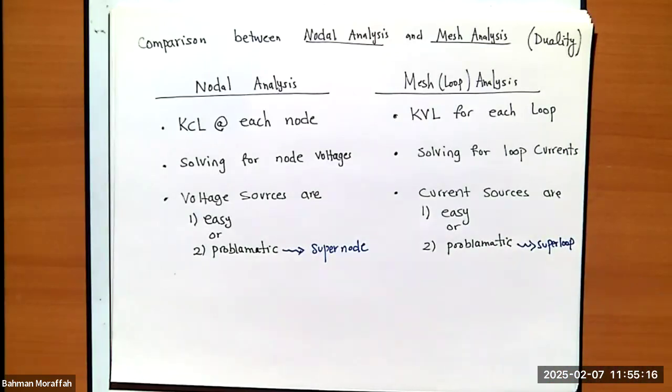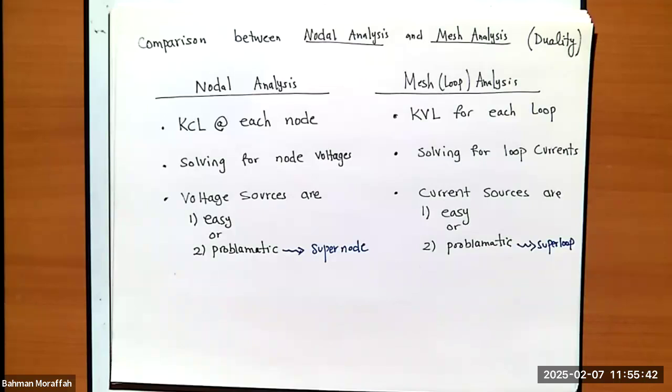So basically, if I change the role of current with voltage, node by loop, I can go from one to another. And in this sense, they're actually dual, right? There is one big difference here. If you recall, I said nodal analysis is the most general way that you can solve any circuit. So that can be applied to any circuit that you have.